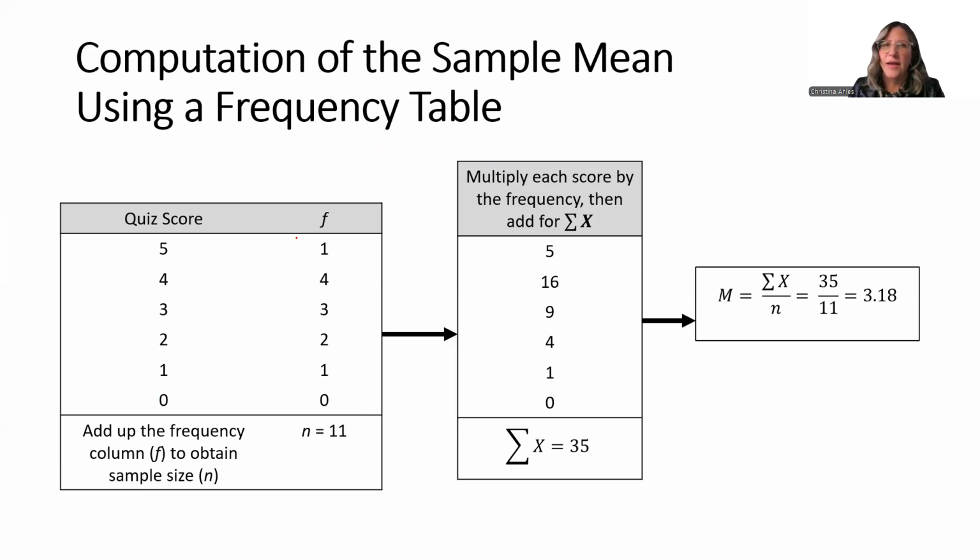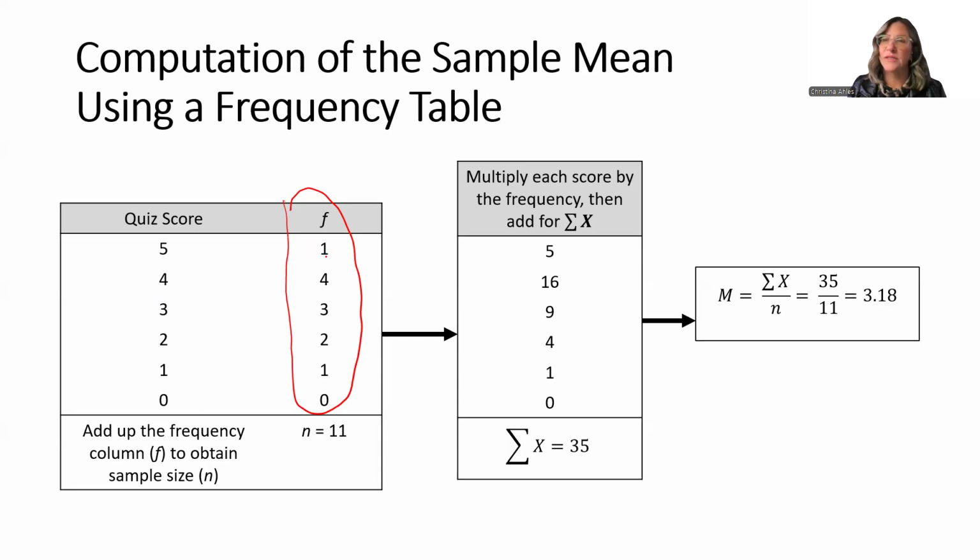And then right here are the frequencies that those scores occur. So we can't just add 5 plus 4 plus 3 plus 2 plus 1 plus 0, because that doesn't account for how many times each of those scores occurred. So one person scored 5, 4 people scored 4, 3 people scored 3, 2 people scored 2, 1 person scored 1, and 0 people scored 0.